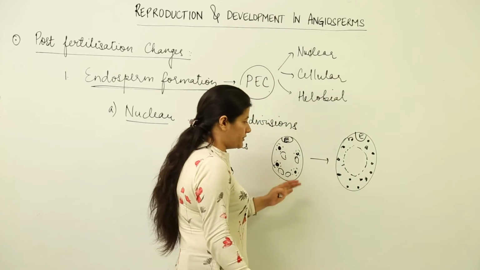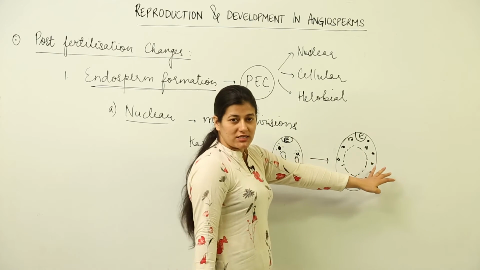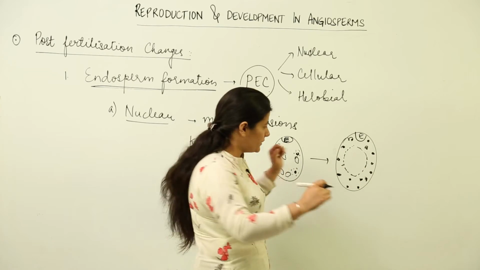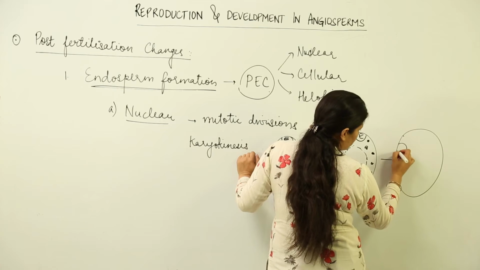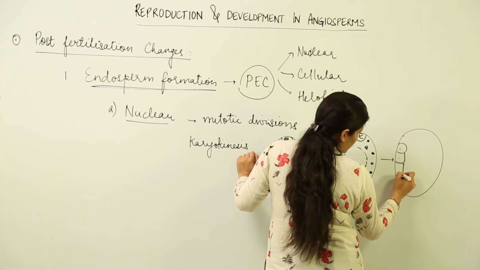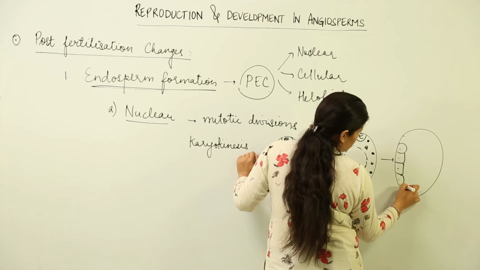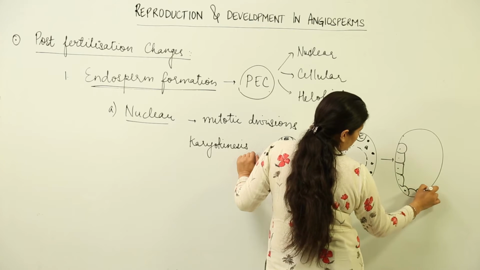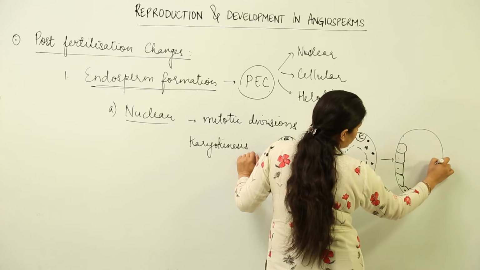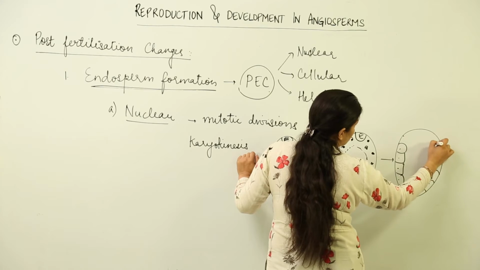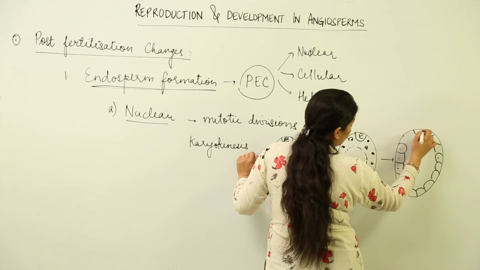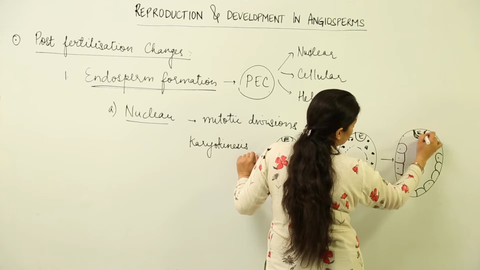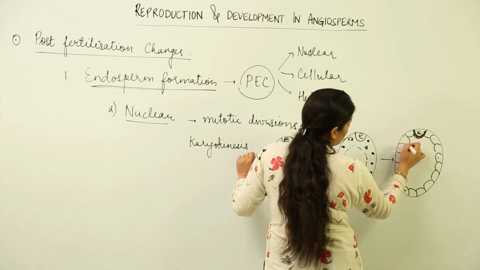Later on, once the nuclei have arranged themselves towards the periphery, there would be formation of cell walls around the nucleus. That means now cytokinesis is taking place. Here we see the embryo lying over here.